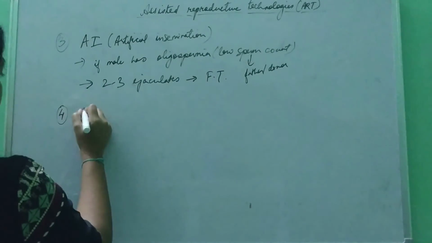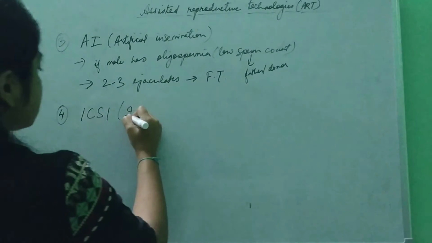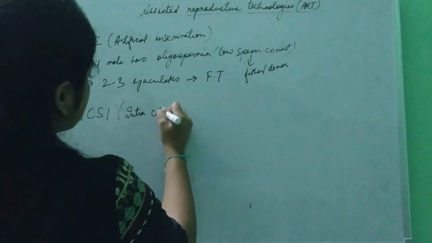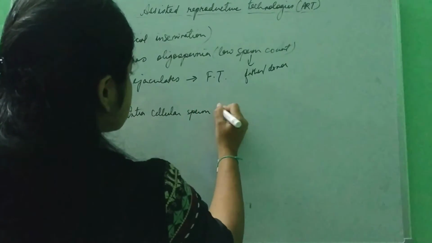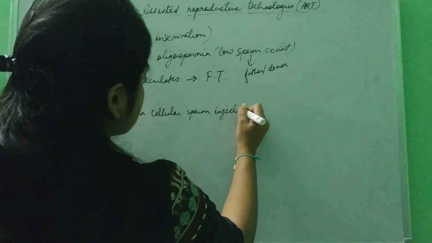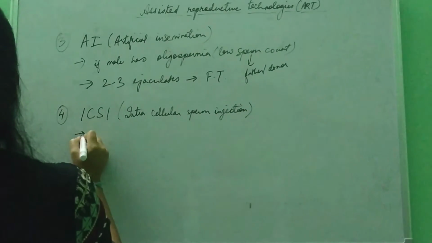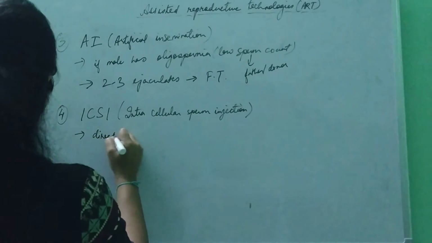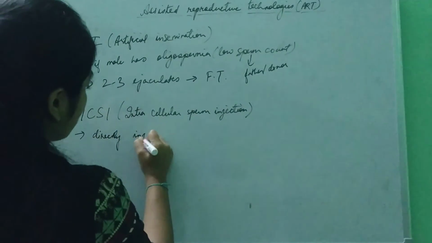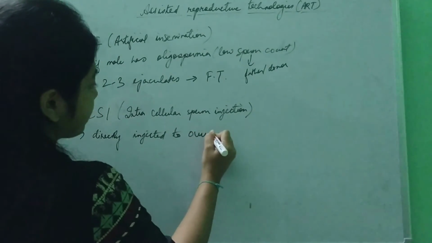Then the next method is ICSI, intracellular sperm injection. Here, like artificial insemination, the sperm is directly injected, not into the fallopian tube but directly into the ovum.